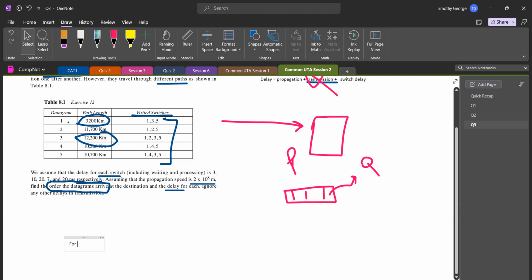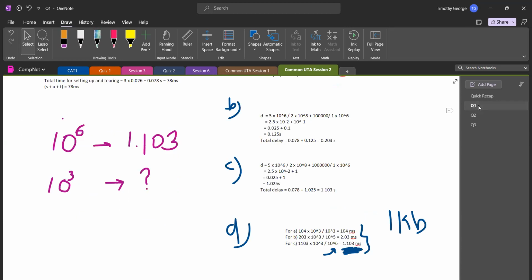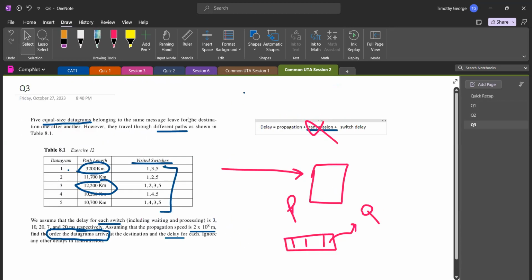So for datagram one, we are given the propagation delay. What is propagation? You've seen it in so many other questions. Propagation is length divided by speed.